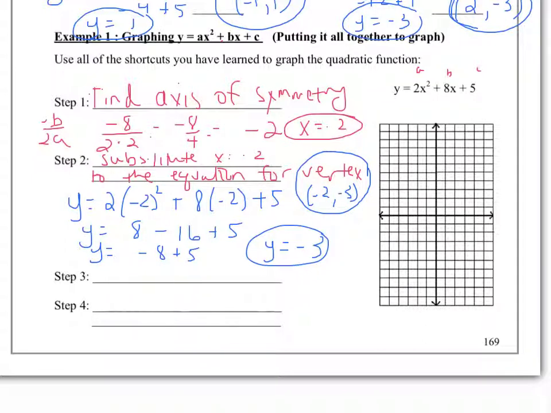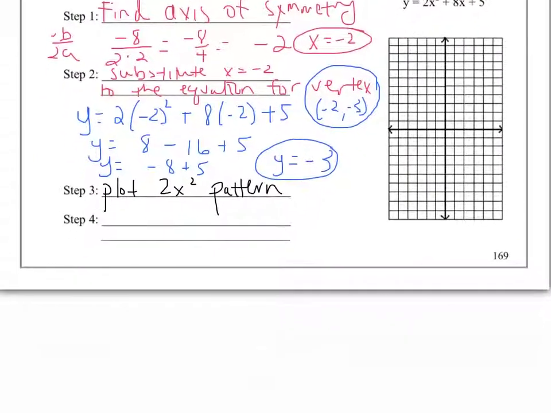Step number 3 is I'm going to plot the 2x squared pattern. Remember that we talked about the parent graph. I'm just going to scroll down a little bit.